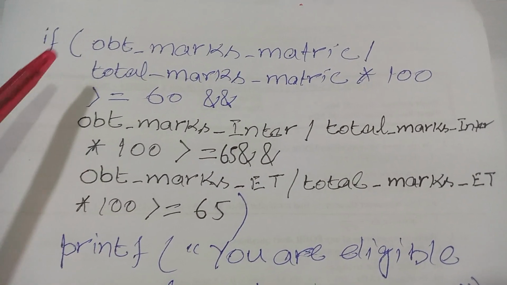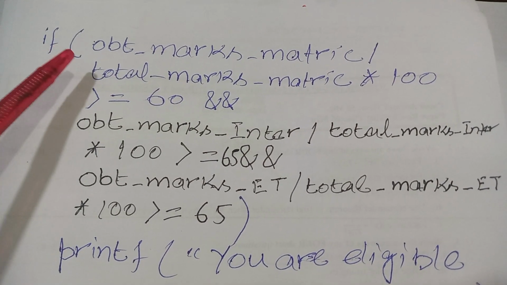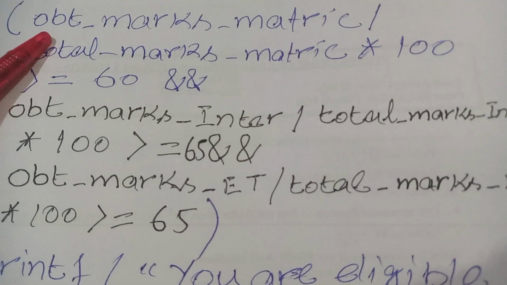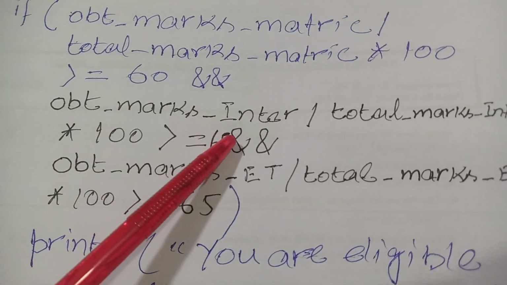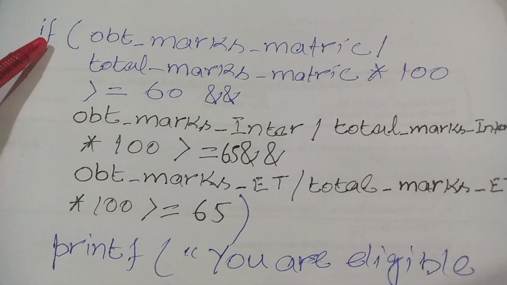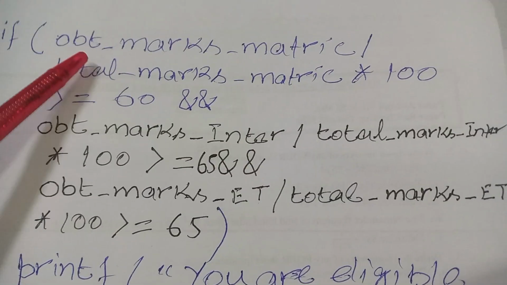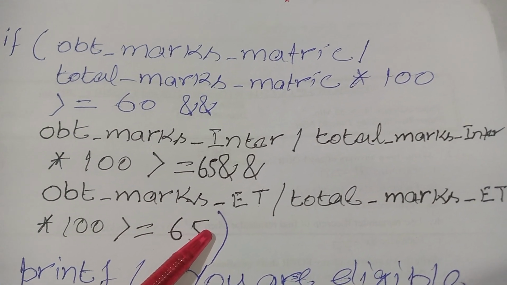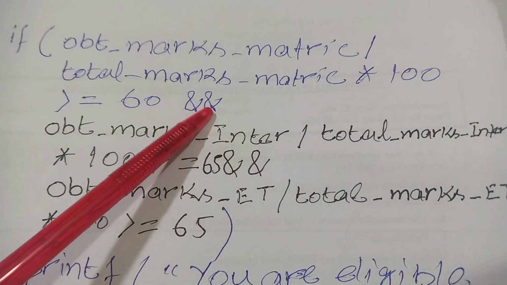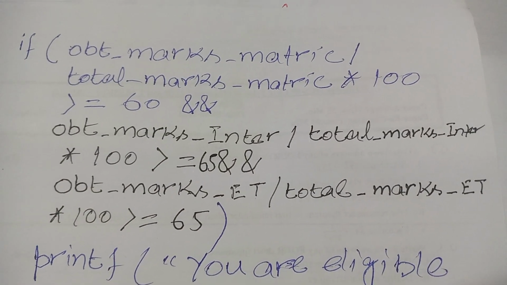In this statement, the three conditions are combined with the AND operator. We have used the if keyword outside these statements, and by using the AND operator we combined these three statements into a single statement.